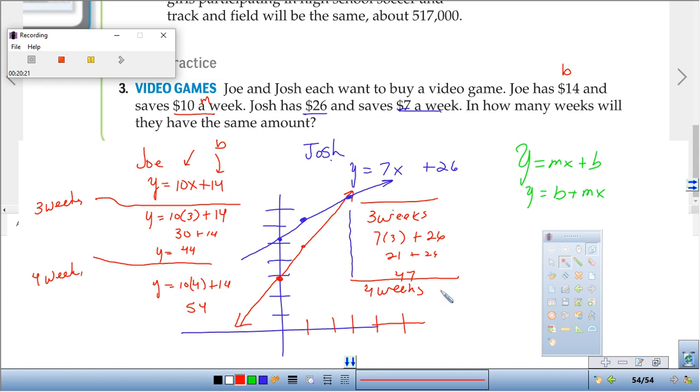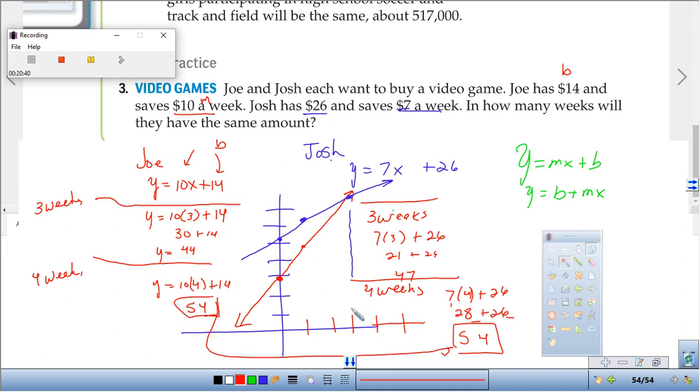At 4 weeks, we're going to have 7 times 4 plus 26. 28 plus 26. It matches up already. Carry the 1, 54. So at 54, they're equal. How many weeks was that? 4 weeks. 1, 2, 3, 4. So roughly at 4 weeks, right here, they're the same.